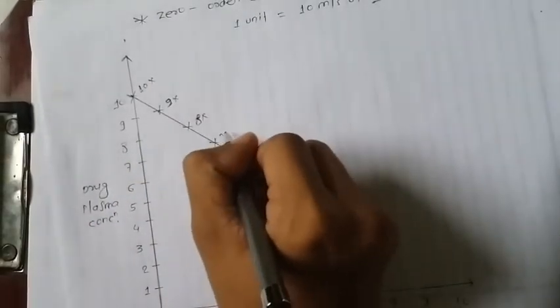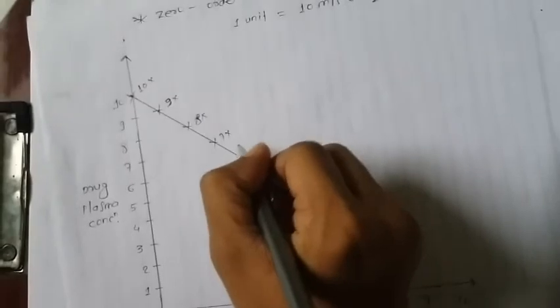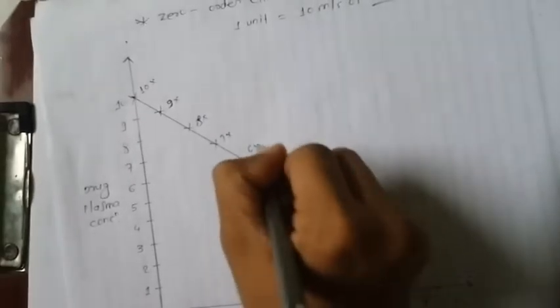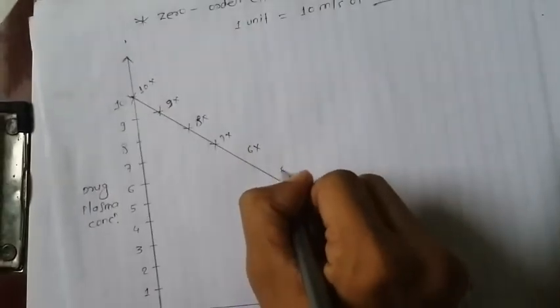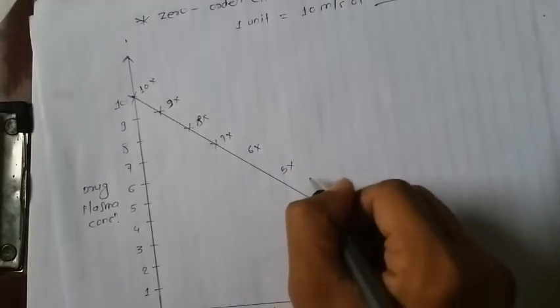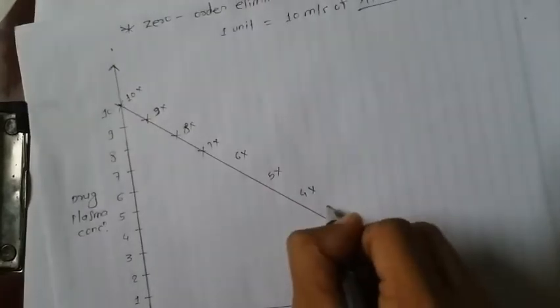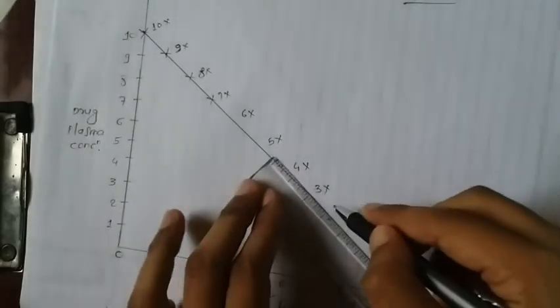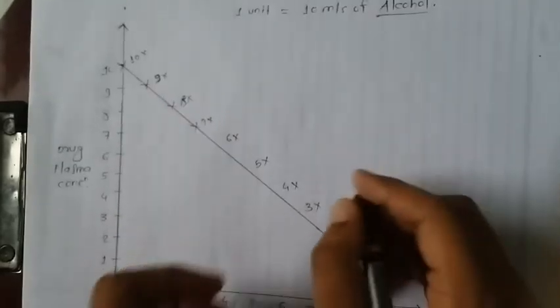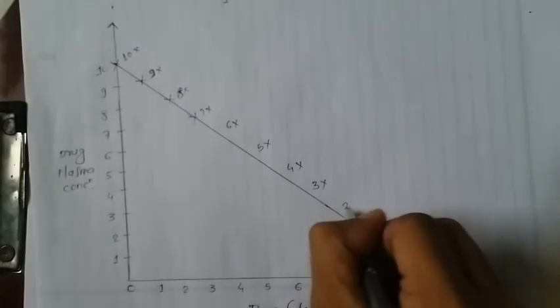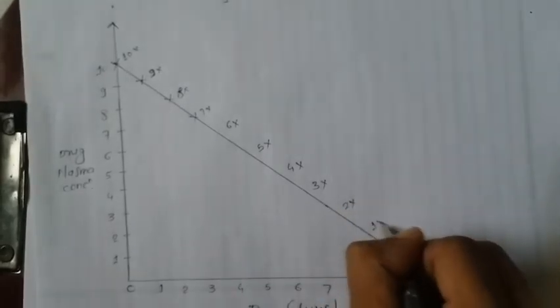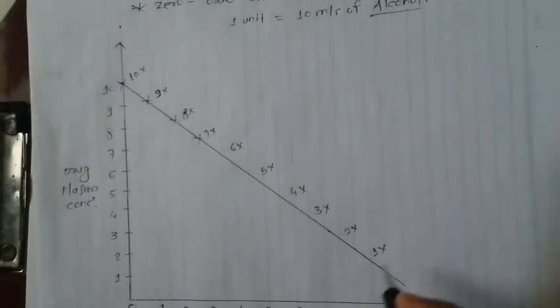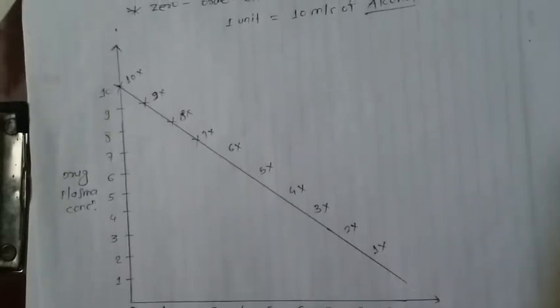Then 7, then 6, then 5 units of alcohol remain, then 4, then 3, then 2, then 1, and then it will take infinite time for the concentration of alcohol to become 0.